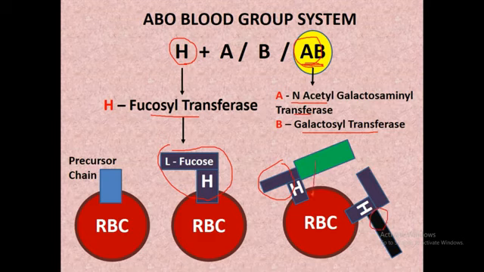So this forms antigen A or agglutinogen A, and this forms agglutinogen B. So the person having blood group AB, either positive or negative, has both antigen A and antigen B on the surface of RBC.